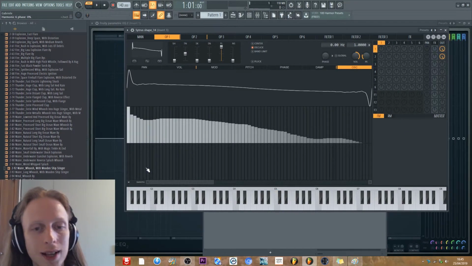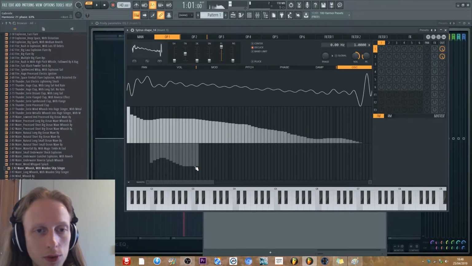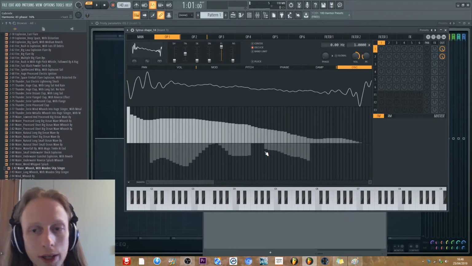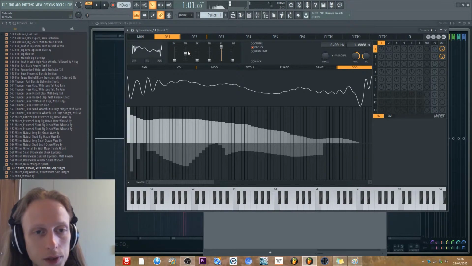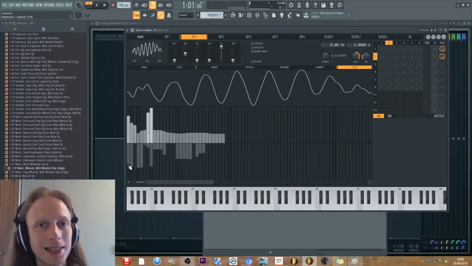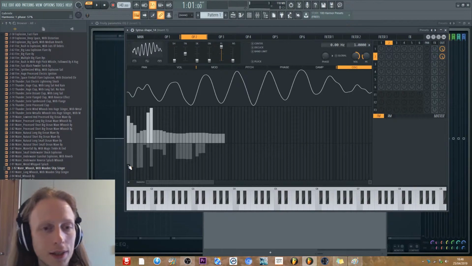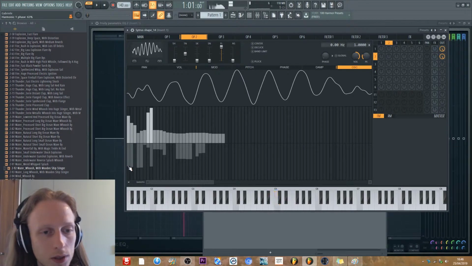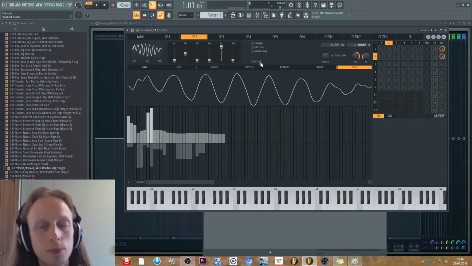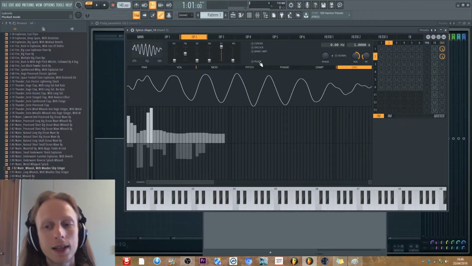But if I change the phase relationship of one operator, one oscillator, we have, for example, fewer frequencies, less fundamental, as you can hear. So it's important to understand how phase changes the sound.